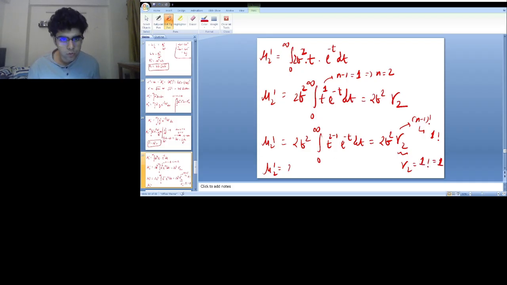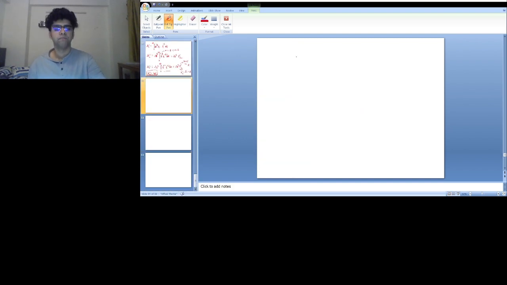So this whole term becomes 2b square. Again, this became the gamma integral that I shared with you earlier in the first part of the video. So my second moment with respect to the origin is 2b square.